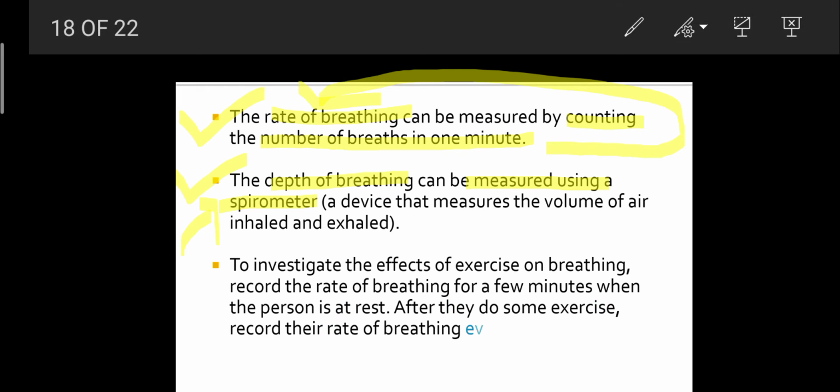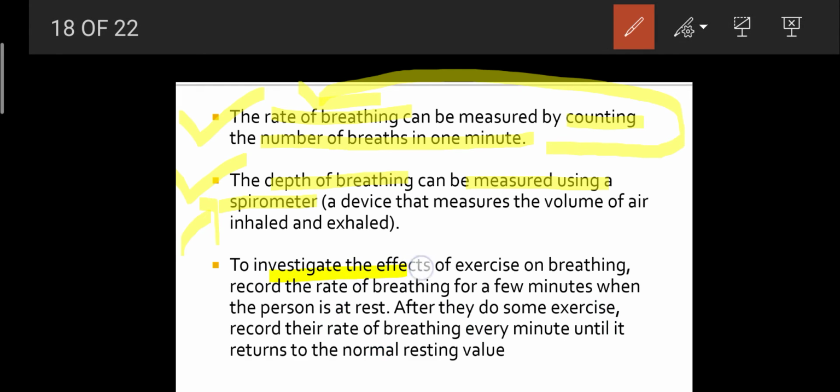How can we investigate the effect of exercise on breathing? Record the rate of breathing for a few minutes when the person is at rest. Then ask the person to do some exercise and record their rate of breathing every minute until it returns to the normal resting value.